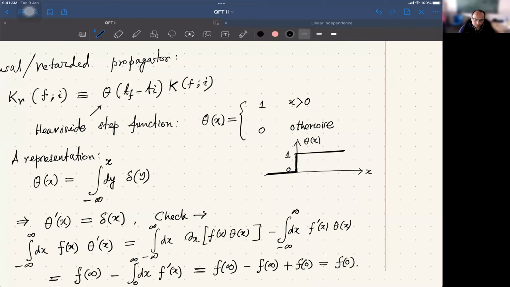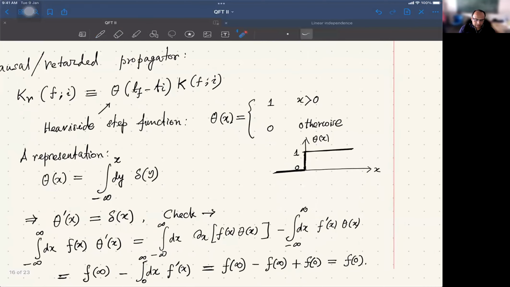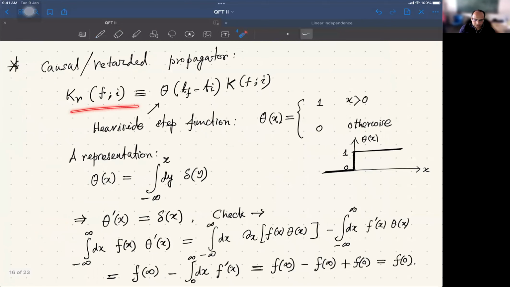Okay, so what we will be using is this representation of theta of x, and as a result we have this relation: theta prime is the same as the delta function. Now with this understanding, let us look at the retarded propagator, and let us calculate i h bar del/del t_f acting on this retarded propagator.